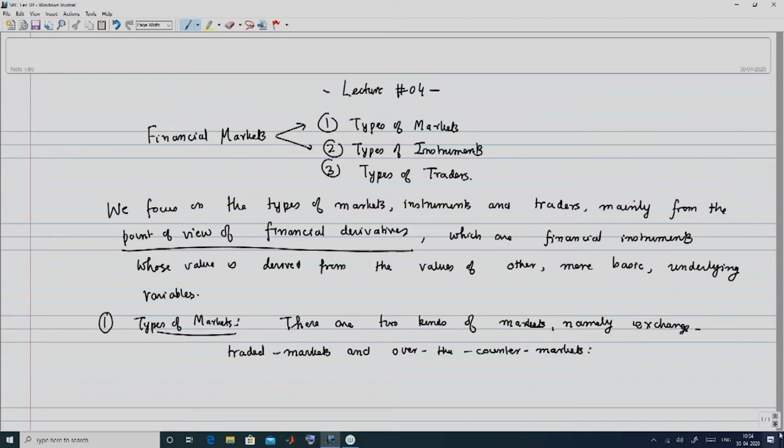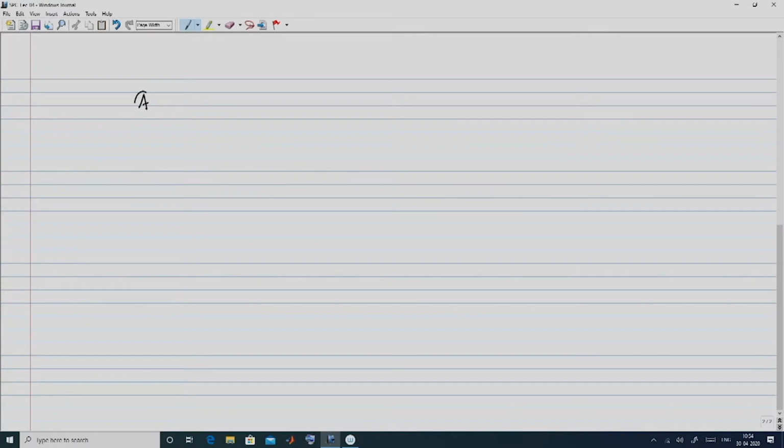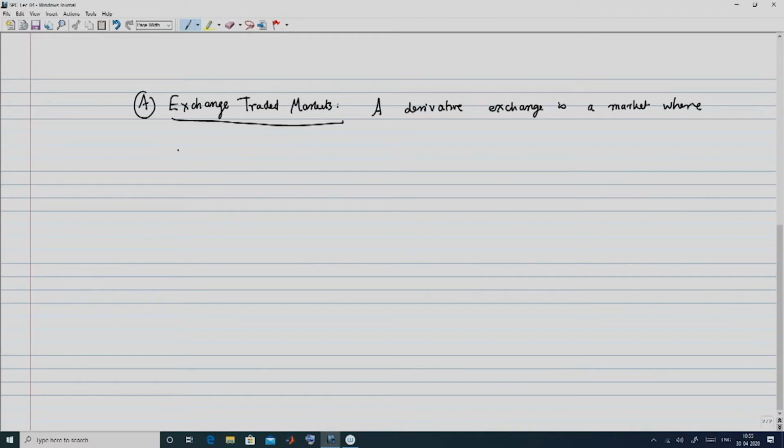So, let us first talk about what is an exchange traded market. Remember that our discussion is in the context of derivatives. So, we will say that a derivative exchange is a market where standardized contracts that have been defined by the exchange are traded.